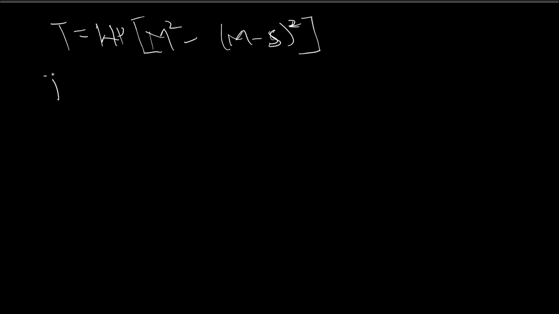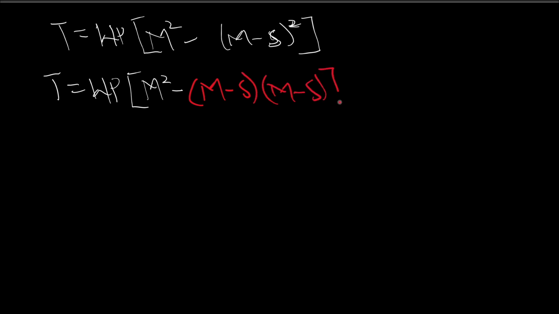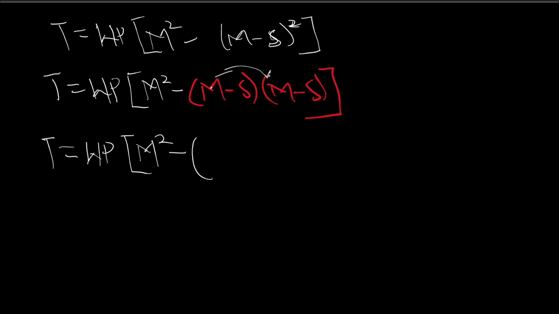Now M minus S all squared is the same as M minus S times M minus S. So now we have T is equal to WP multiplying M squared minus, M times M is M squared, and M times minus S is minus MS. Minus S times M is minus MS, and minus S times minus S is positive S squared.